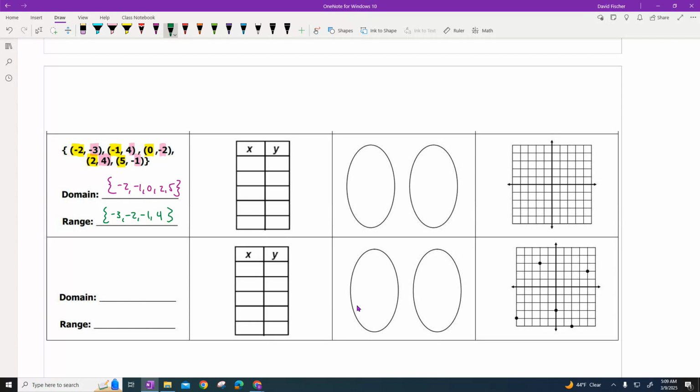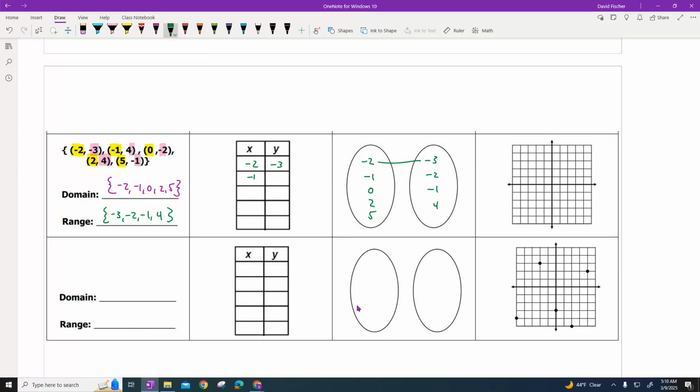Transfers. I want to go over here and do my mapping diagram a while, because they're already in order. -3, -2. Now when I go to these guys, I want to say -2, -3. So -2 matches up with -3.